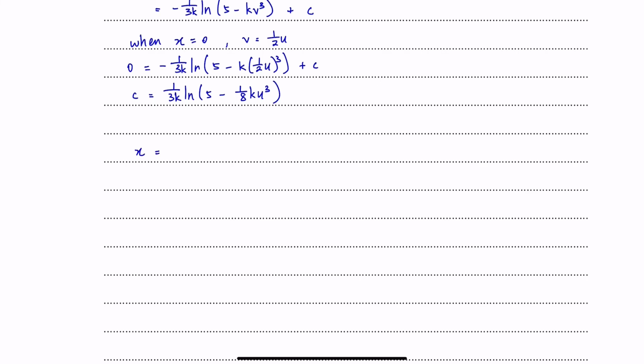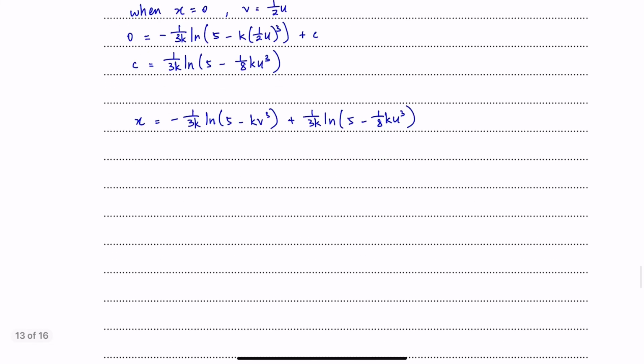So x is equal to negative 1 over 3k ln of 5 minus kv cubed plus the constant, which is 1 over 3k ln of 5 minus 1 over 8 ku cubed.